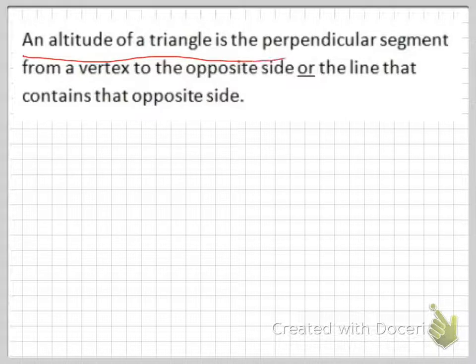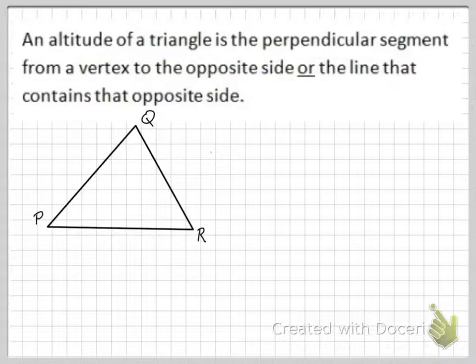An altitude of a triangle is the perpendicular segment from a vertex to the opposite side. So if you have this triangle right here, an altitude is the perpendicular segment from this vertex dropped down perpendicular to this opposite side.